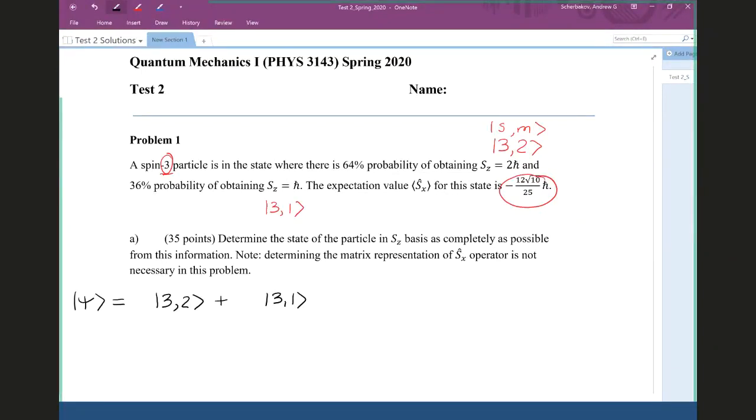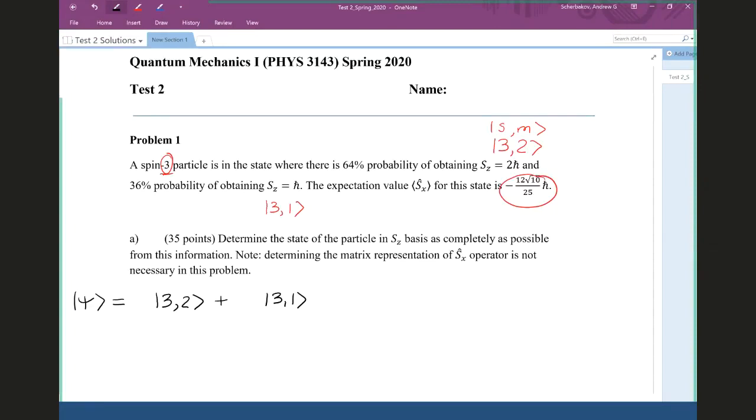Okay, if the chance to be in the 3,2 state is 64%, that means that essentially what we're talking about, the coefficient next to 3,2, the absolute value squared of that coefficient, is 64 over 100, right?